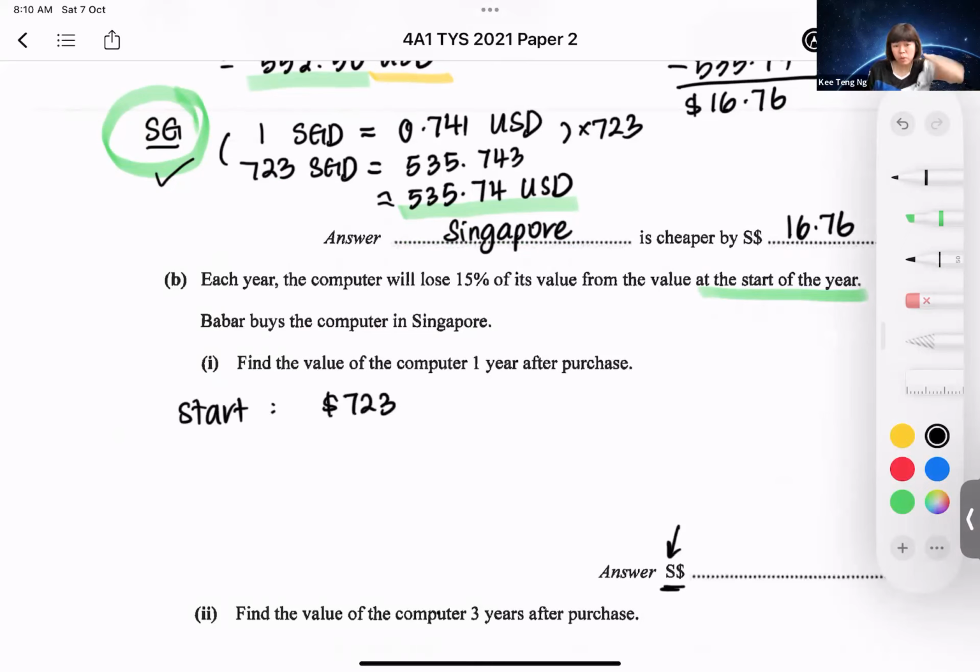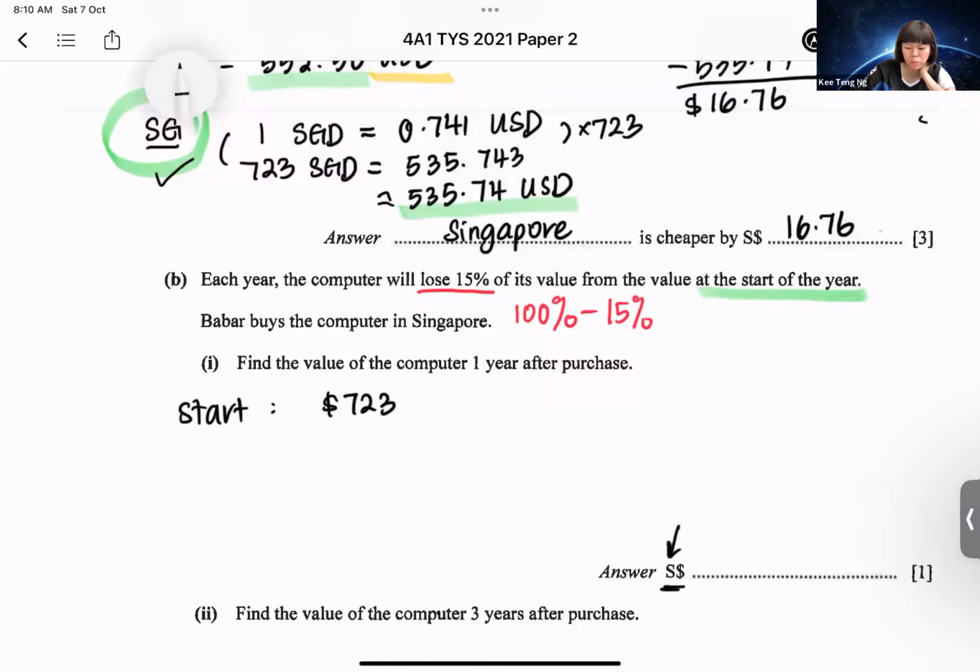Then now it will lose 15%, drop by 15%. So originally 100% minus 15%, that will give me 85%. So at the end of the year, I lose 15%, left remaining 85%.